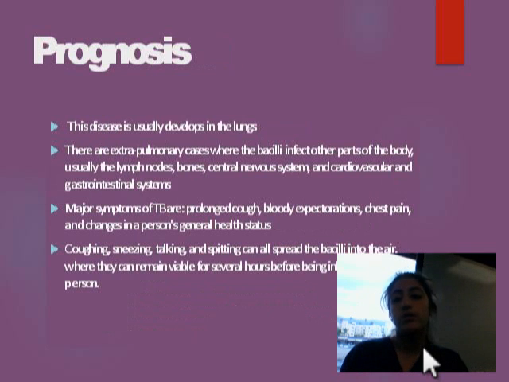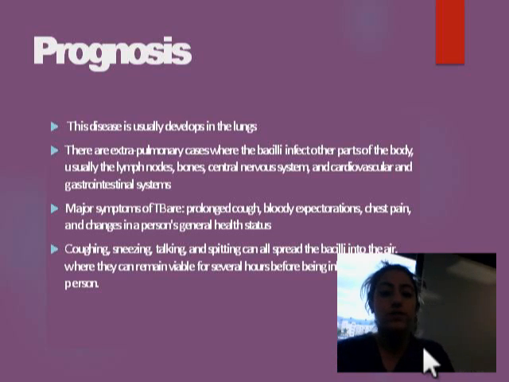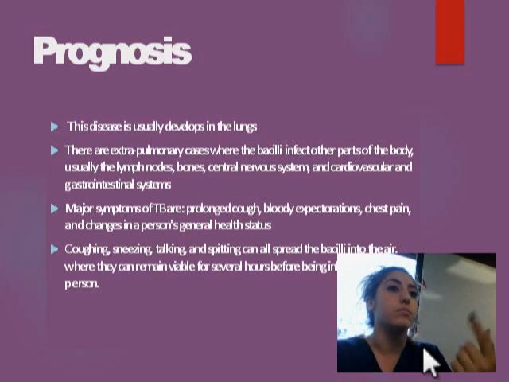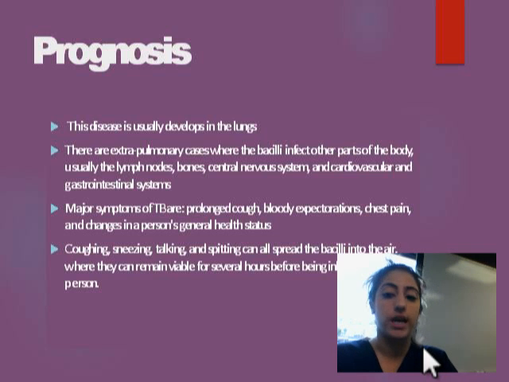So the prognosis of this disease is that it's usually found in the lungs. There are extrapulmonary cases where the bacilli infect other parts of the body, usually the lymph nodes, bones, central nervous system, which was the meningitis we were talking about, and cardiovascular and gastrointestinal systems.